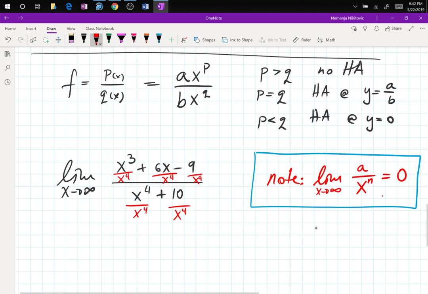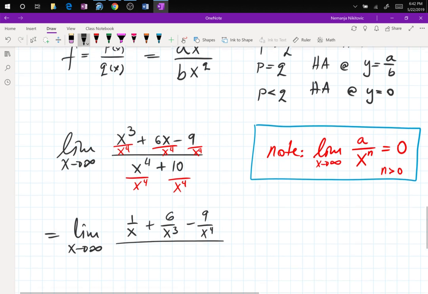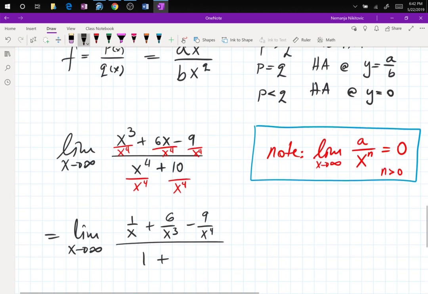I have to specify n larger than 0. So use the algebra, and all of these will cancel. You have 1 over x plus 6 over x cubed minus 9 over x to the fourth, over 1 plus 10 over x to the fourth.